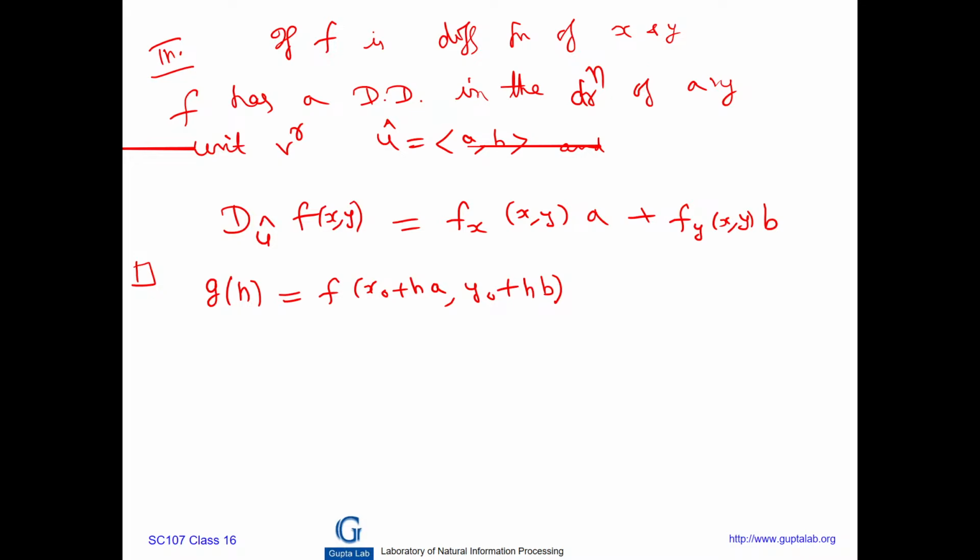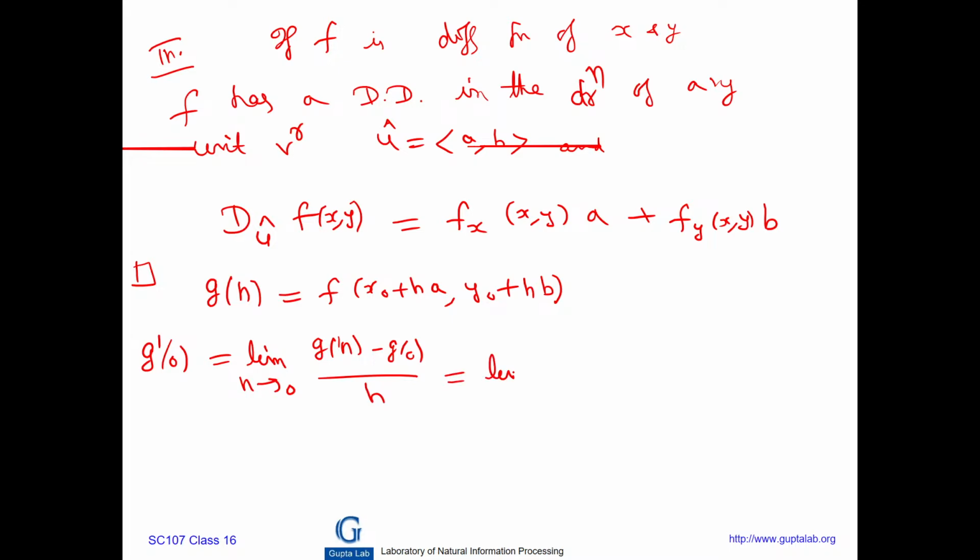So then what will be the value of g dash of 0? It will be limit h tends to 0, g of h minus g of 0 divided by h.